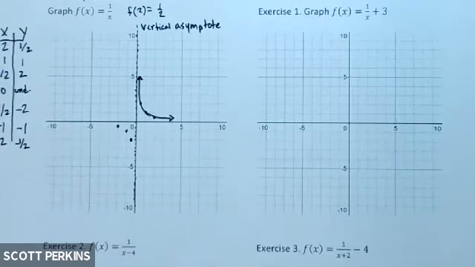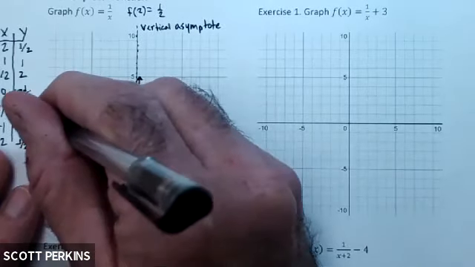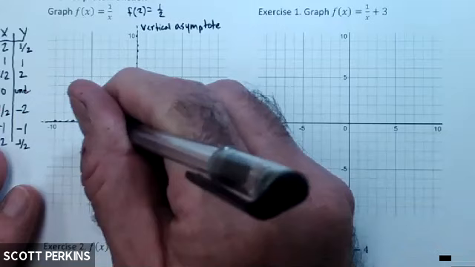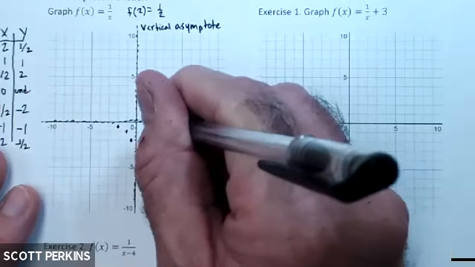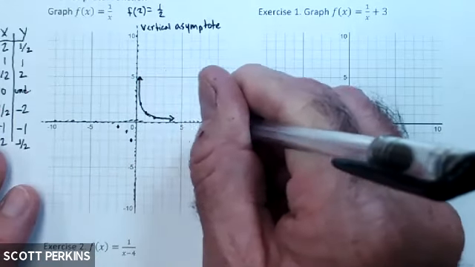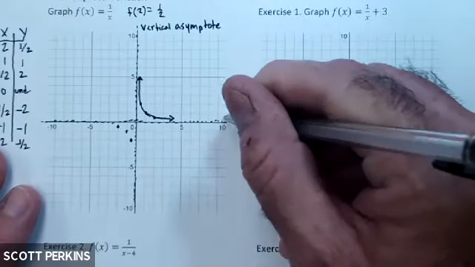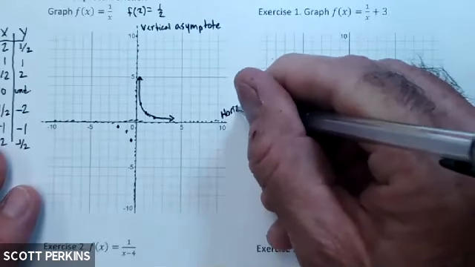So because of that, this graph right here also has what's called a horizontal asymptote. So I'm going to draw a dotted line. Not all of our graphs will have horizontal asymptotes, but this one does.